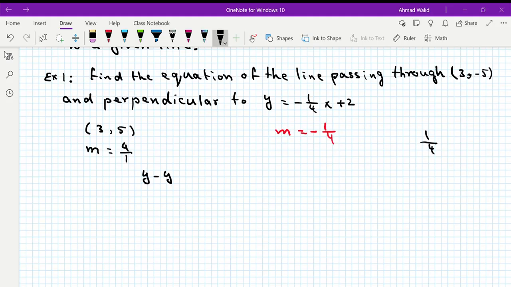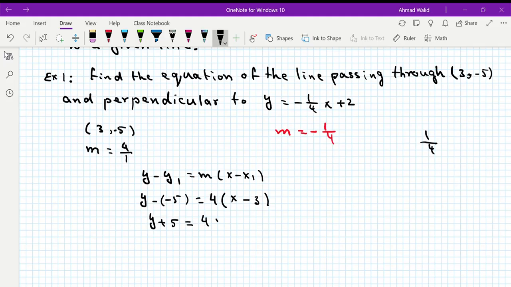Now writing the equation of the line. y minus y1 equals m times x minus x1. y minus y1, which is negative 5, equals m, which is 4, times x minus x1, which is 3. You can write y plus 5 equals, distribute the 4, 4x minus 12.